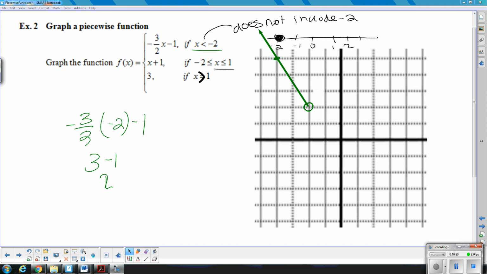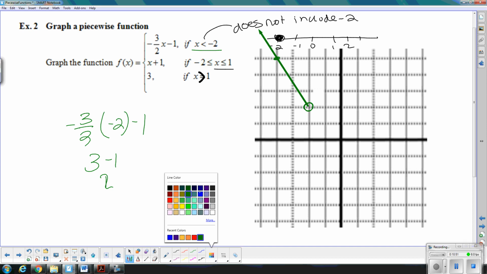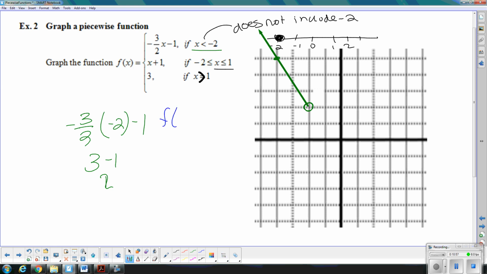So here's my graph for the first part of that domain. When x is less than -2, that's what my graph looks like. But now I need to figure out the second part of my domain, x plus 1. And that's true anywhere between -2, including -2, and less than or equal to 1. So I'm going to take both of those values, and I'm going to solve my f of x when x is -2.